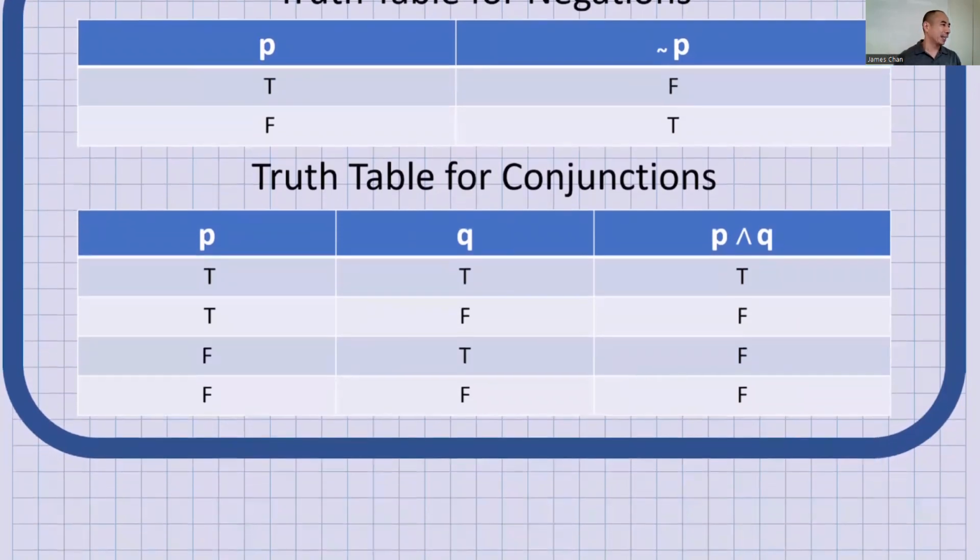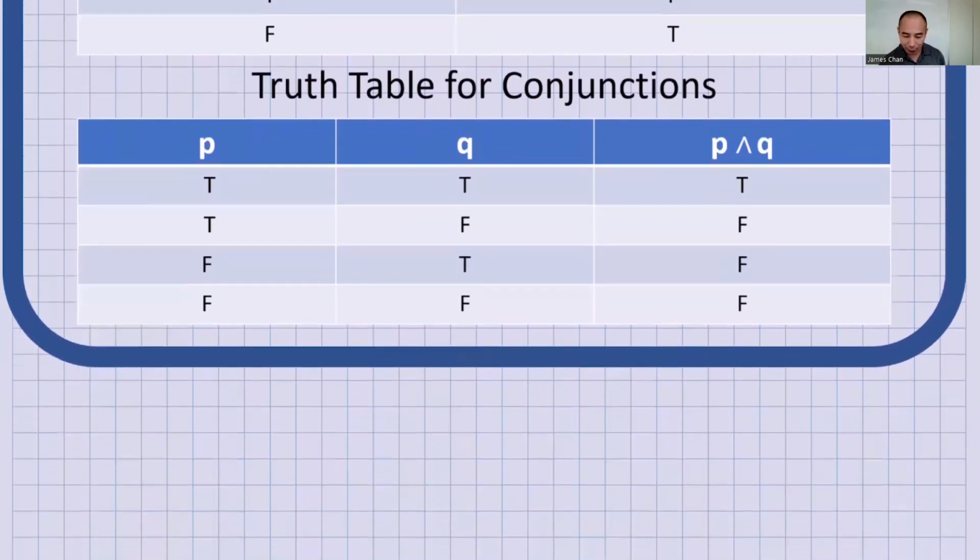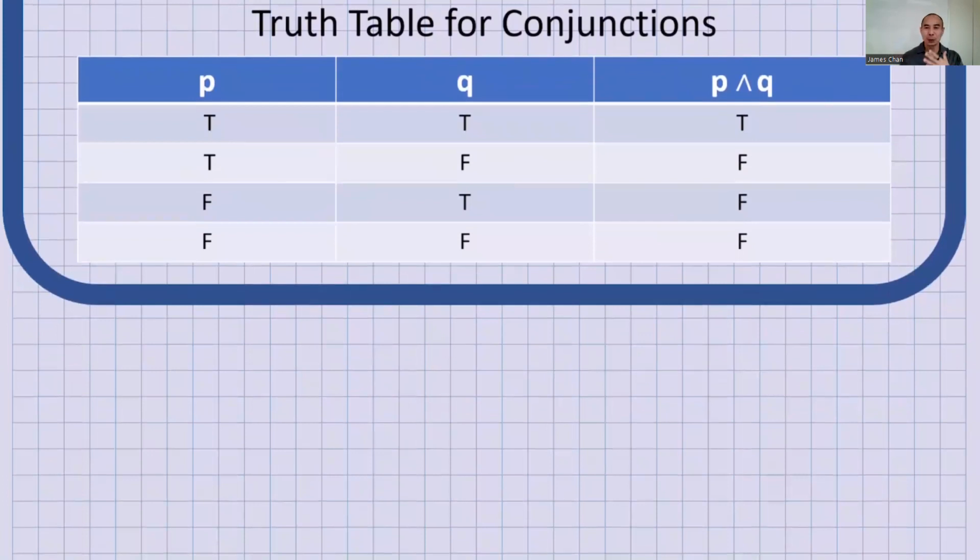Now, I think the bigger question is, how do I create a truth table? That's the bigger issue here. What I figured out is that you take the number of letters and raise 2 to that power.